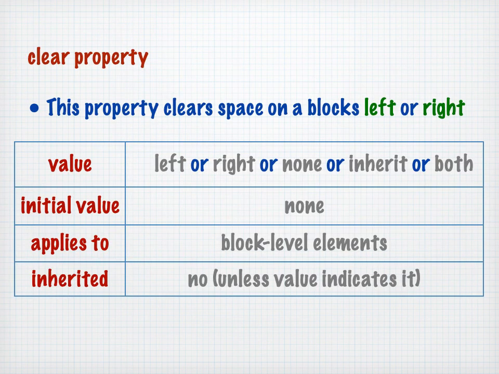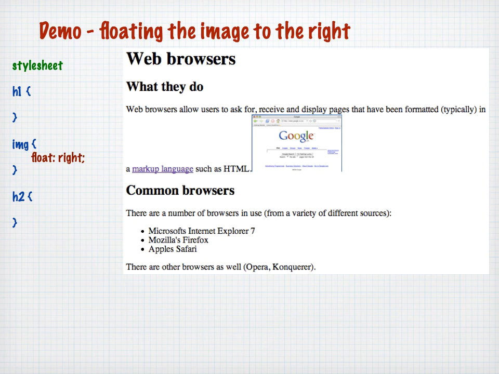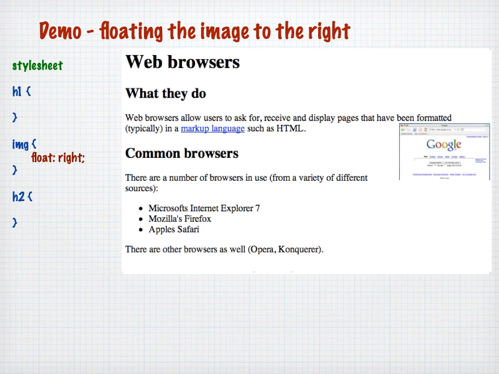Well, let's have a look at the clear property. What the clear property says is make space on the side of an item so nothing fills that space up. So again, let's do an example. We float the image to the right. If you watch, that image flows to the right. And as we've indicated, when that image flows to the right, all the elements below float up the page.